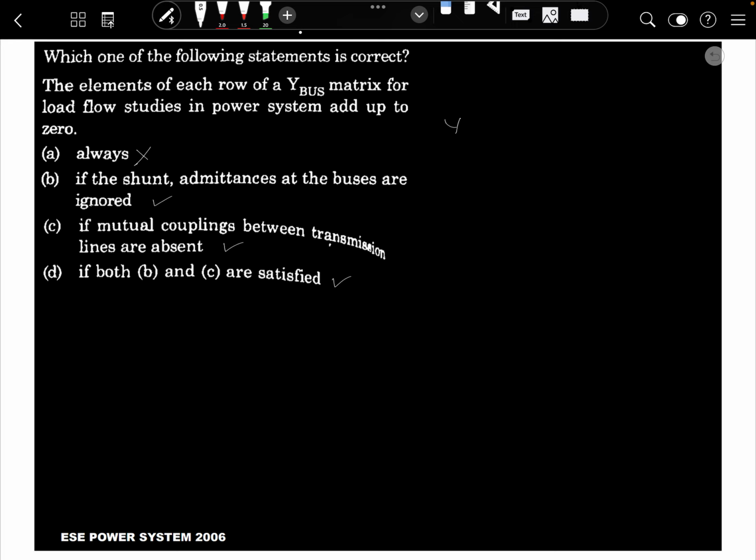How can I tell you, this is a kind of matrix.